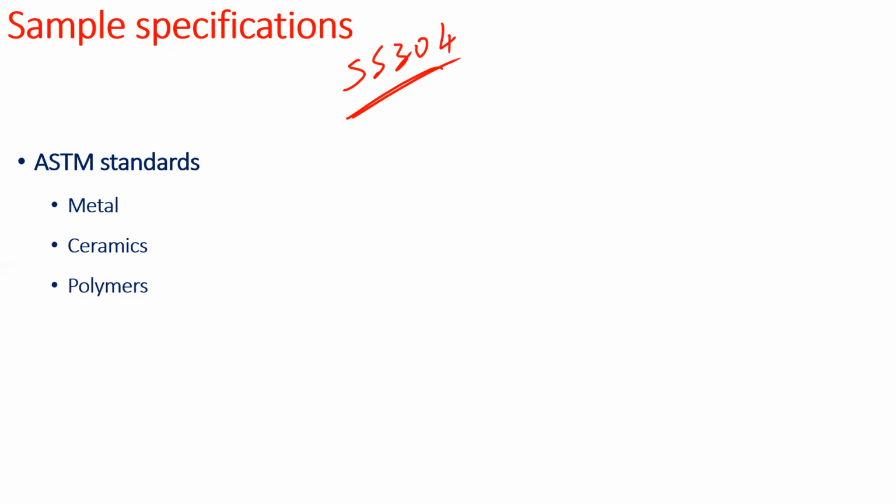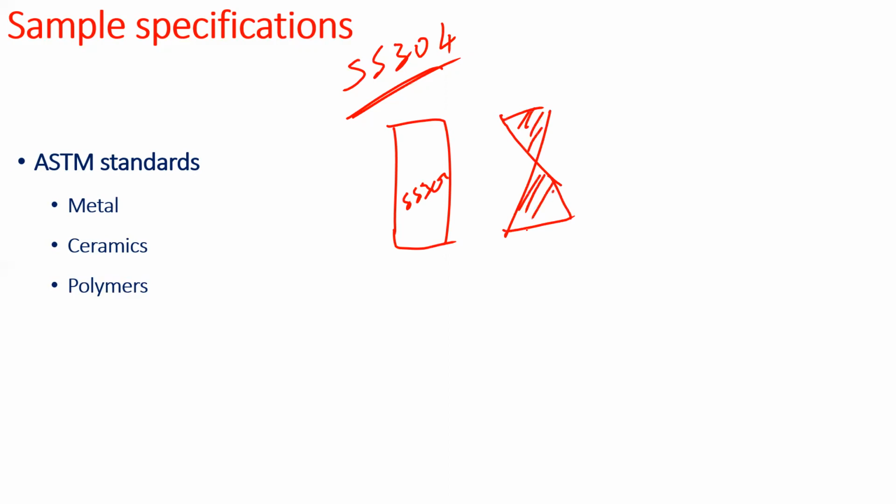One cannot measure properties on a stainless steel sample of this shape, and in one case a sample of this shape. Here there are more structural effects.